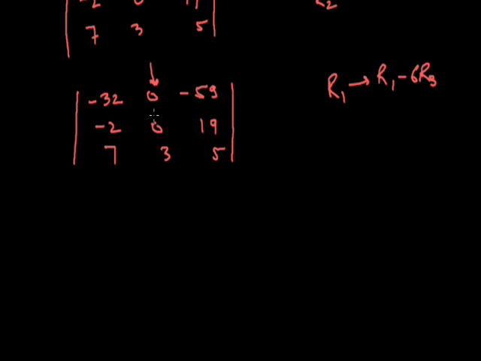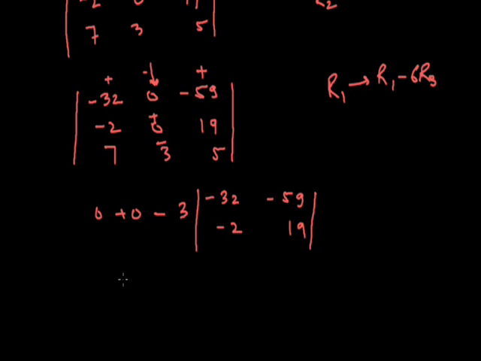So let's see along this column. The elements of the first column are 0, 0, then the signs are plus, minus, plus, so minus, plus, minus. So take the minus sign three times, and the determinant is minus 32, 0, minus 59, minus 2, 0, 19, sorry, minus 32, minus 59, minus 2 and 19.